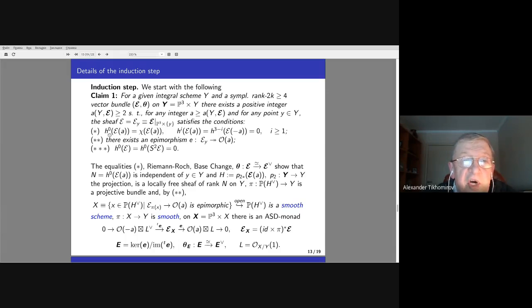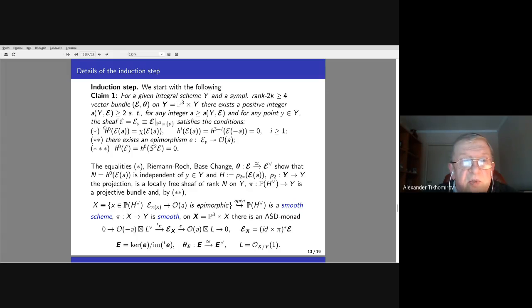These conditions follow from Serre's theorem. This is the vanishing of higher cohomology and, respectively, the condition for H0.